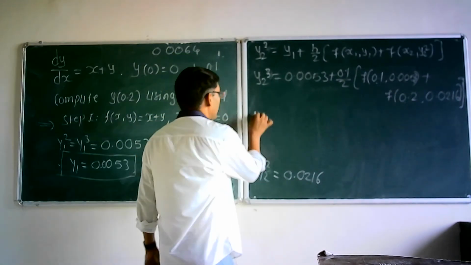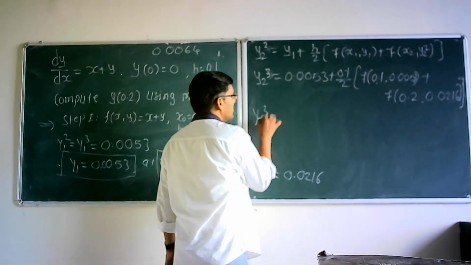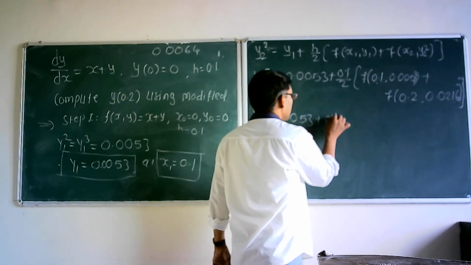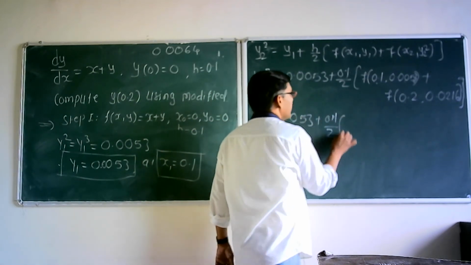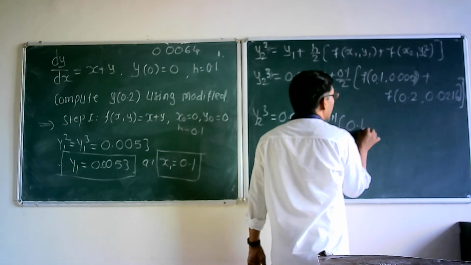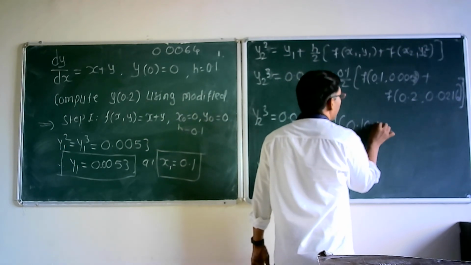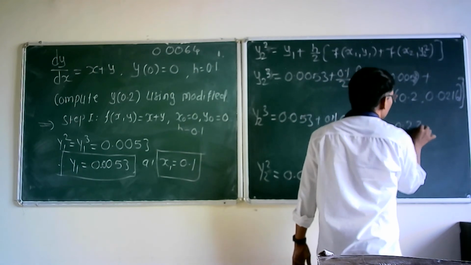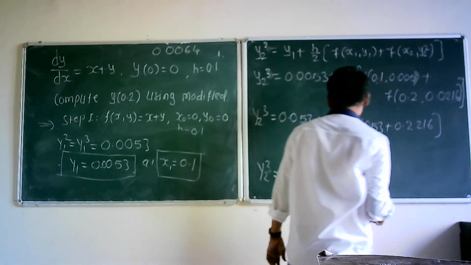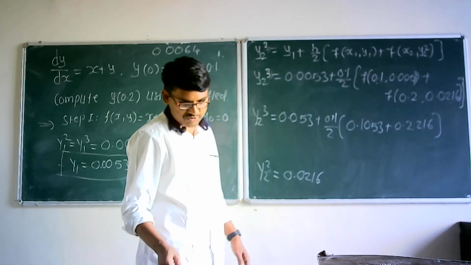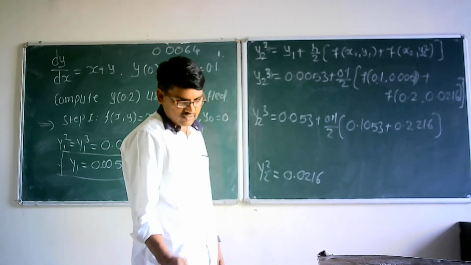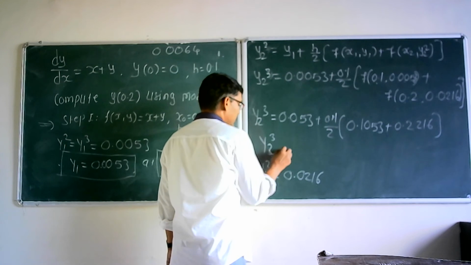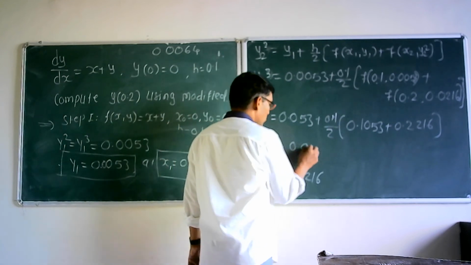So if you simplify this, you will get y23 is equal to 0.0053 plus 0.1 divided by 2 inside the bracket, 0.1053 plus 0.2216, and if you simplify this, you will get the answer y23 is equal to 0.0216.